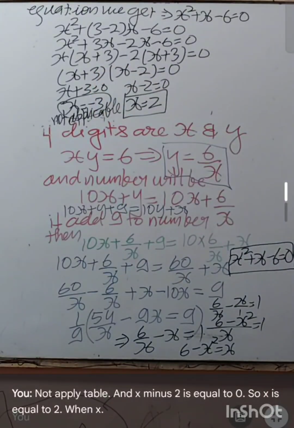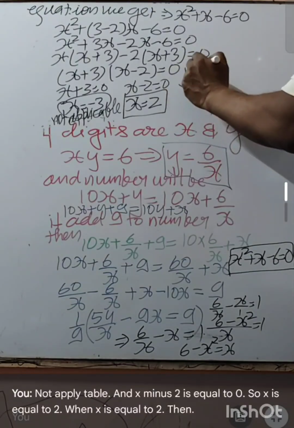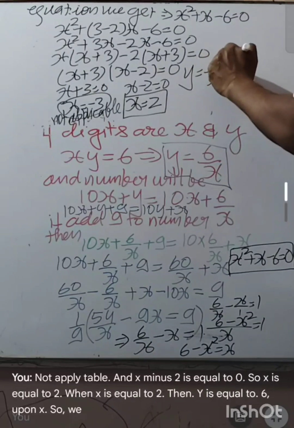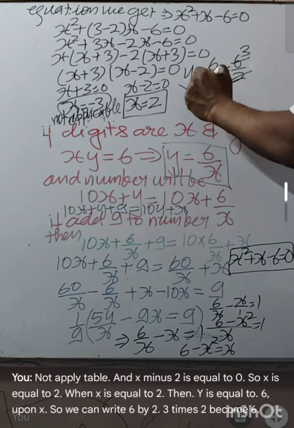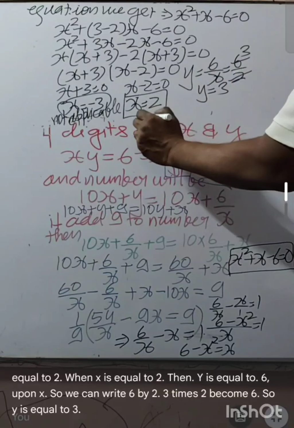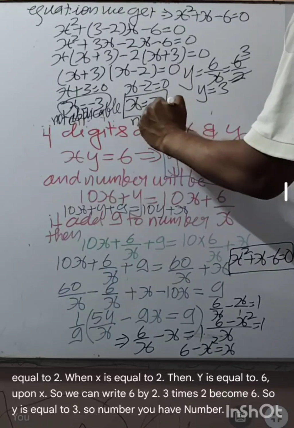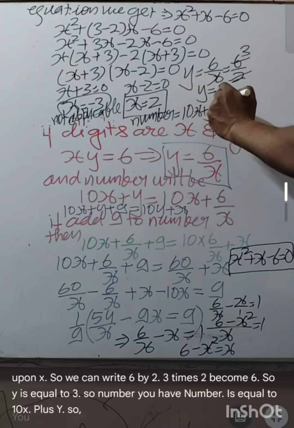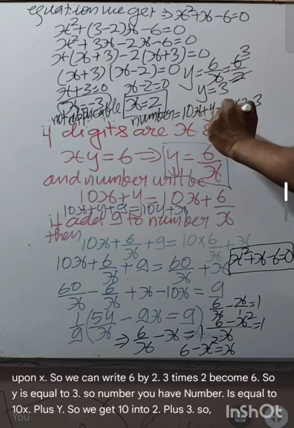So when x is equal to 2, y is equal to 6 upon x, so 6 by 2. 3 times 2 becomes 6, so y is equal to 3. So the number is 10x plus y, that is 10 into 2 plus 3, so we get 23.